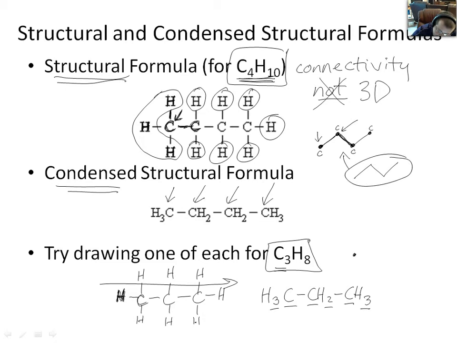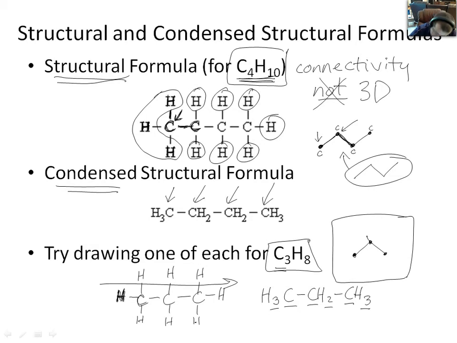For C3H8, I could draw it as 1, 2, 3. 3 carbons there. Now the question is, where did the hydrogens go? Well, this is just an extremely condensed structural formula as opposed to just the condensed structural formula. The skeletal formula only shows where the carbons are. Now, if each one of these 3 dots in this structure is a carbon, ask yourself how many bonds a carbon should have. It should have 4.